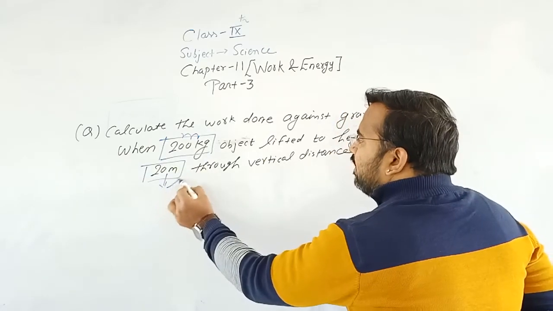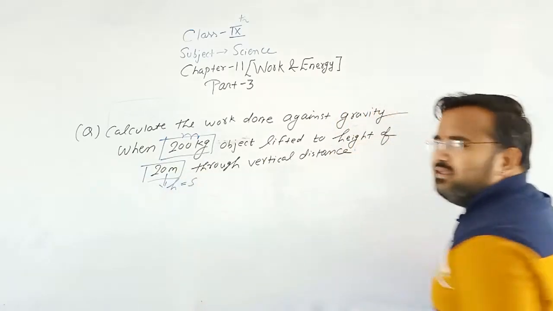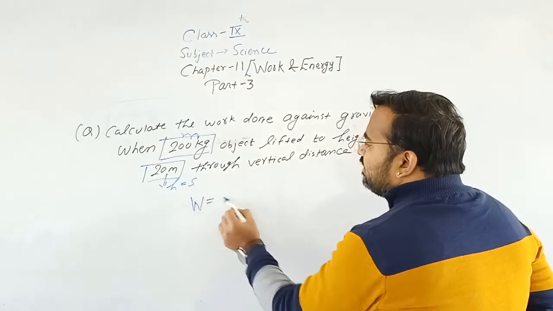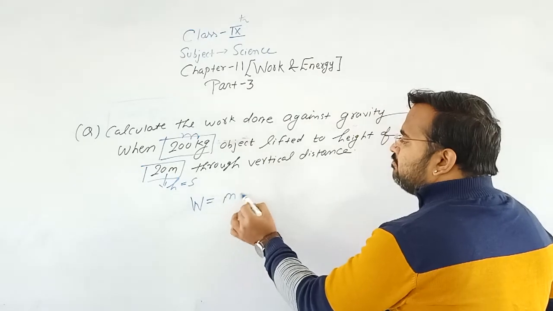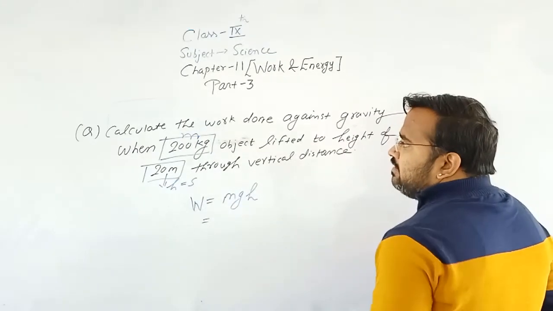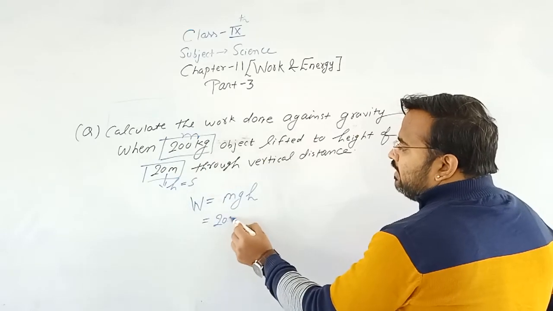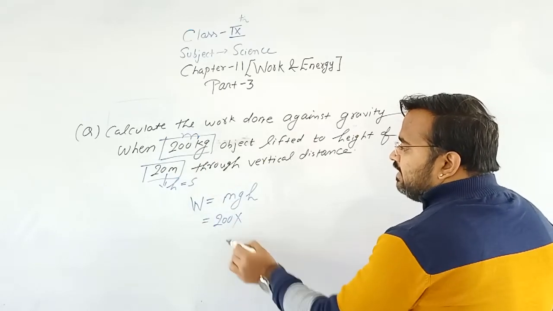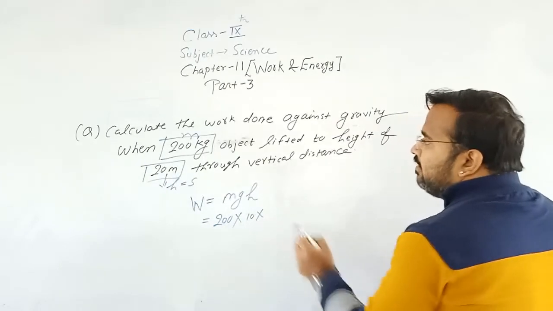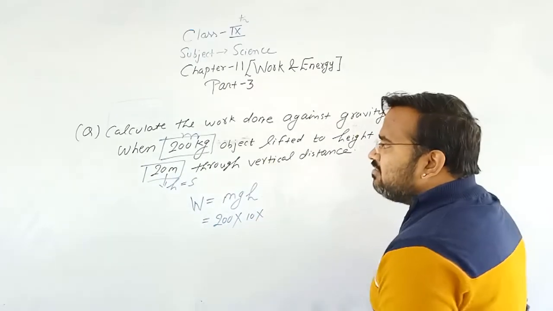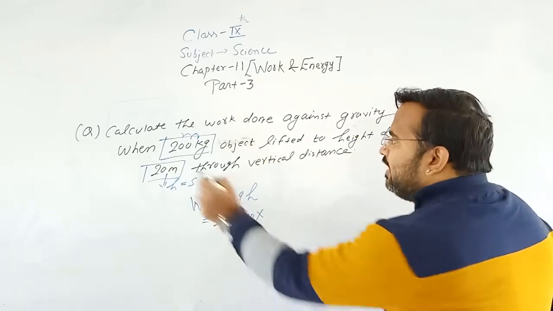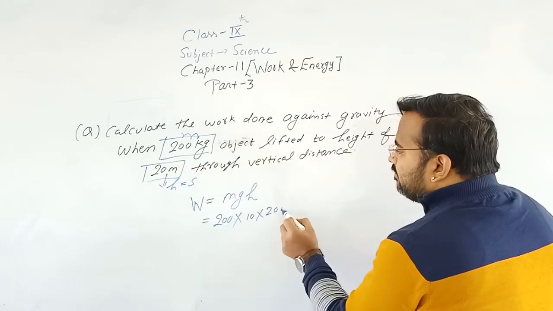This is the height, or we can say the displacement. The formula for work done against gravity is mgh. Here m is the mass of the object, that is 200 kg, g is acceleration due to gravity, that is 10, and the height through which the object has been lifted is 20 meter.